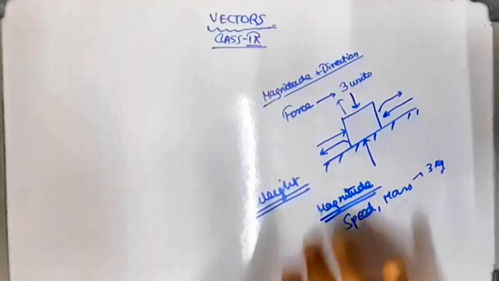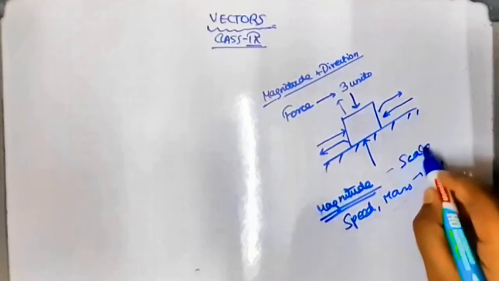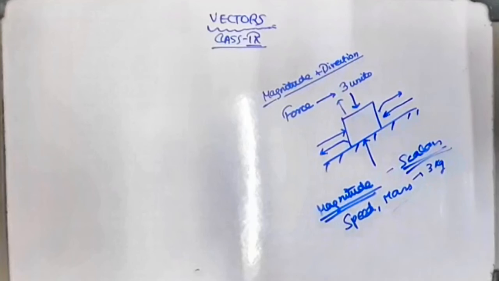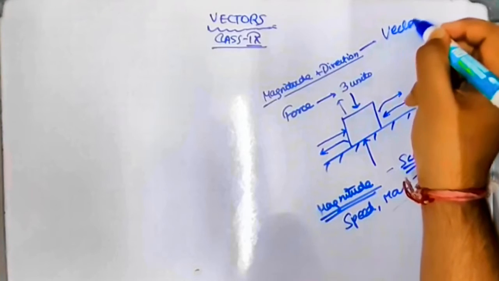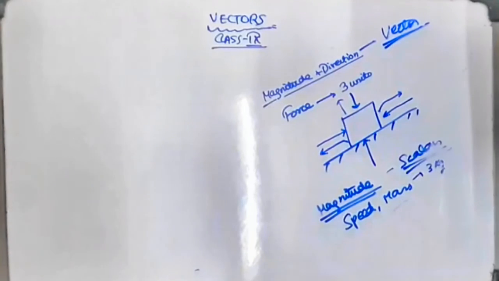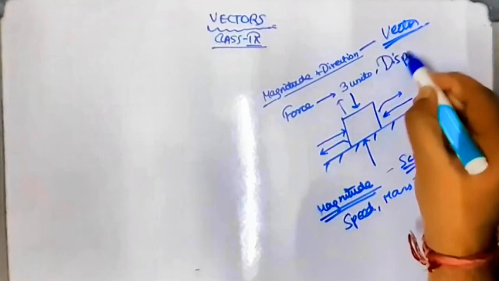So these quantities which require only magnitude to be specified are known as scalars, quantities which we have been dealing with since our childhood, and these quantities which need both magnitude and direction are vectors. Some other examples of vectors are displacement, something about which we talked in the last video.